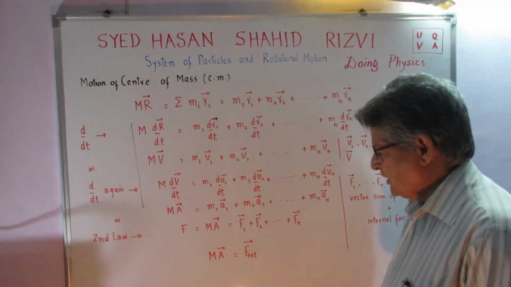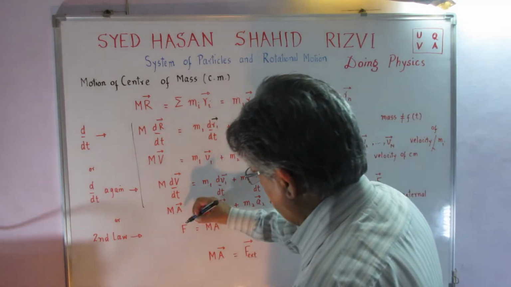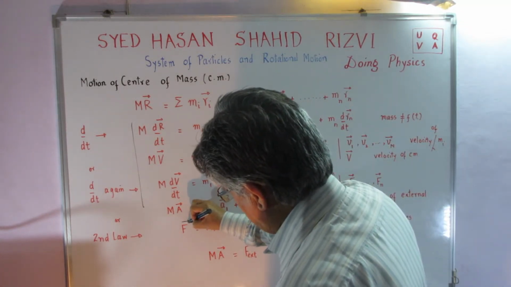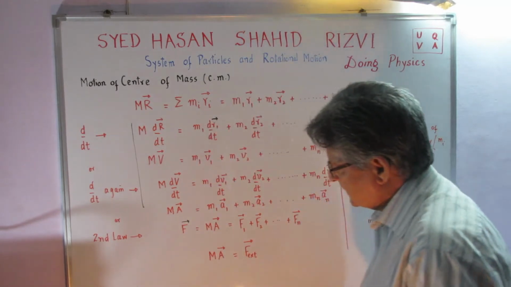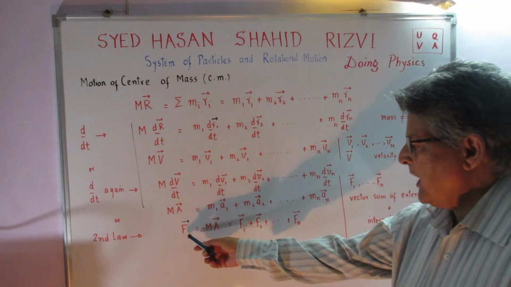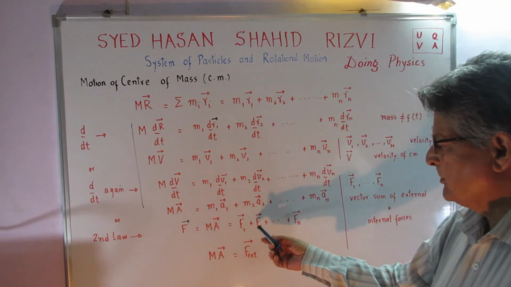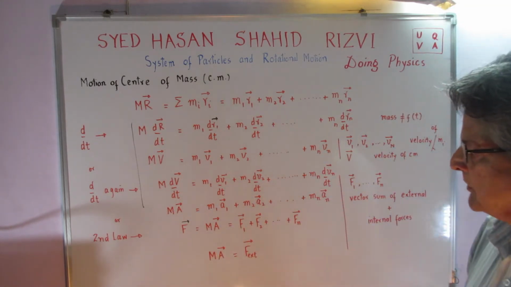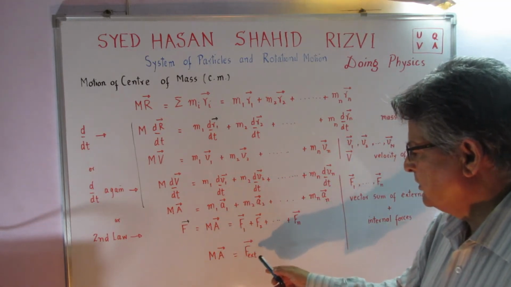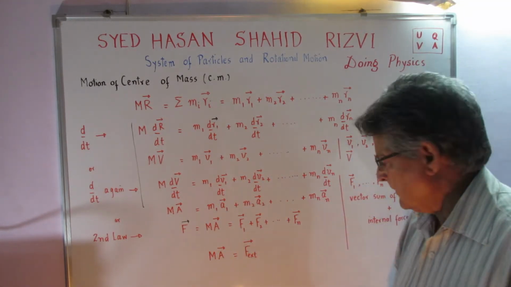I have not put the vector sign over here, so I'm sorry for that, please excuse me. So F is equal to M A is equal to F1 plus F2 up to Fn, or I can simply write that M A is equal to F external.